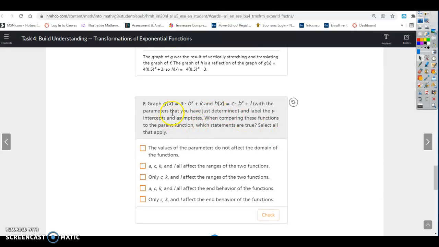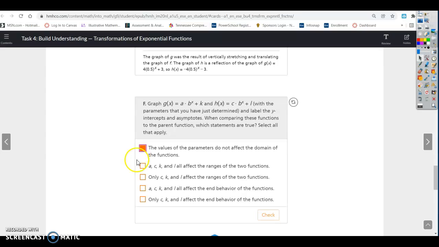All right, the graph of g of x and h of x with these parameters here. So you've got g of x equals a times b to the x plus k, and then h of x equals c times b to the x plus l. So it says with these parameters determine, label the y-intercepts and the asymptotes. It says the value of the parameters do not affect the domain of the function. That is true. The domain is all real numbers.